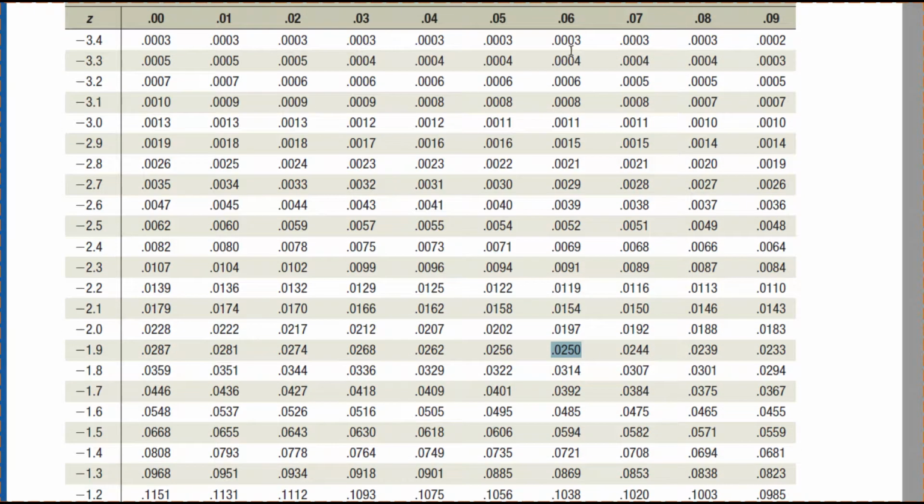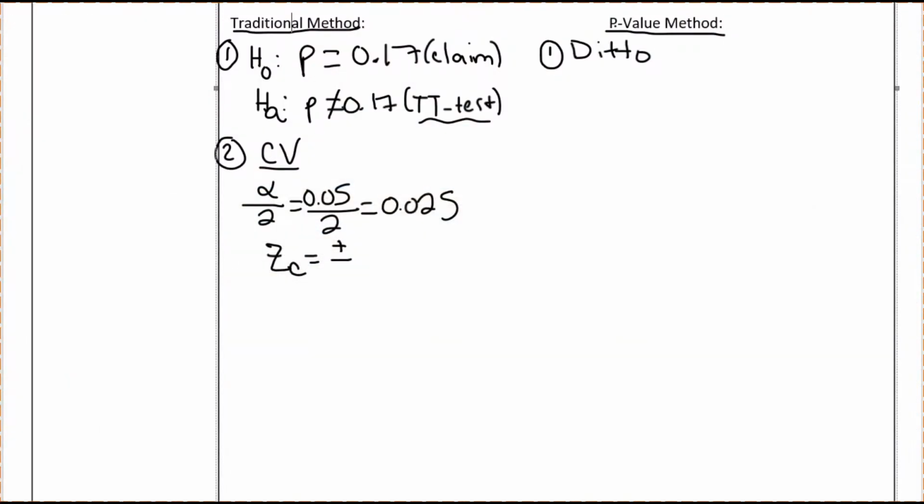If you look at the values here, negative 1.96. And we have a plus or minus version of that. So we have those two numbers. All right, so the next step is to find the test value. We'll call it TV. And that's the formula that was given earlier in the video. So we have this.